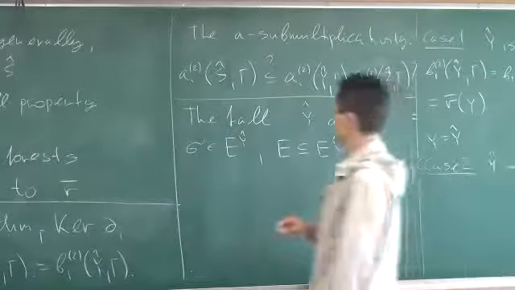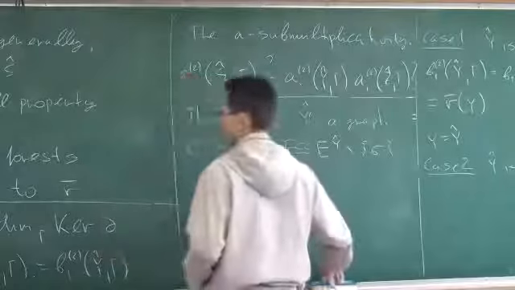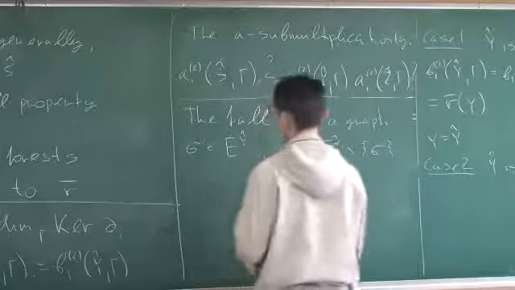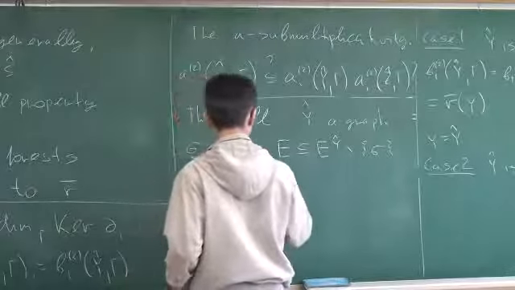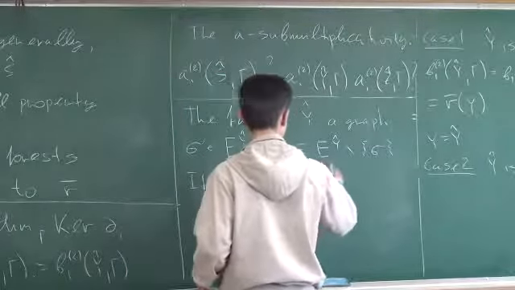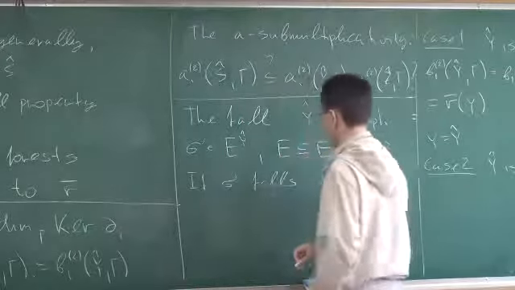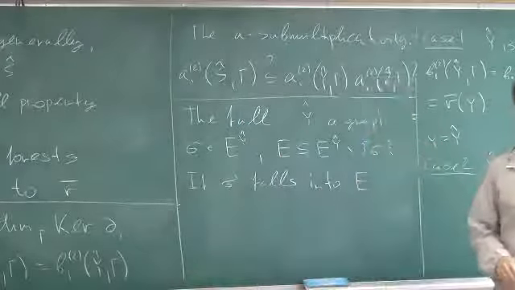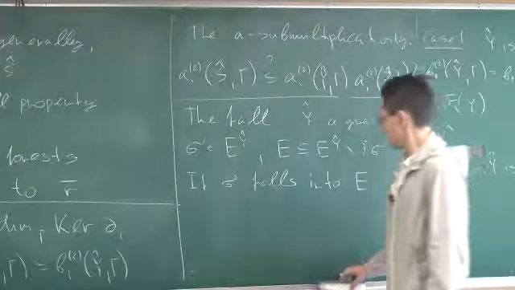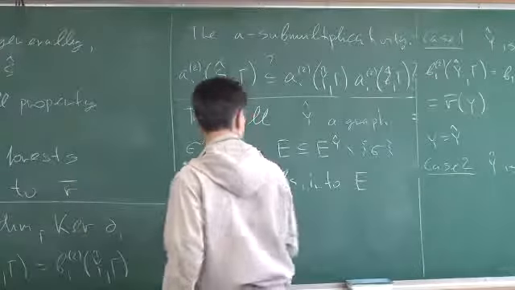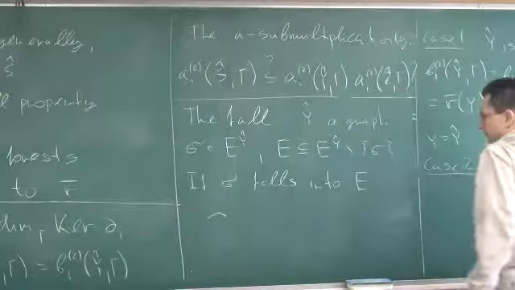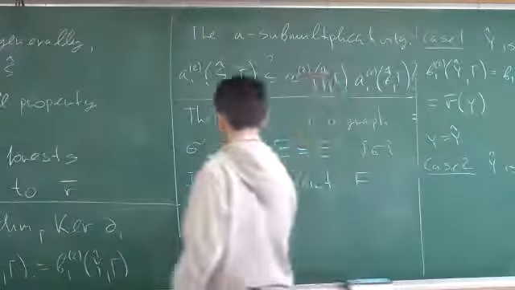What does it mean for sigma to fall into E? Let's recall the definition. It means that one of two conditions is satisfied.